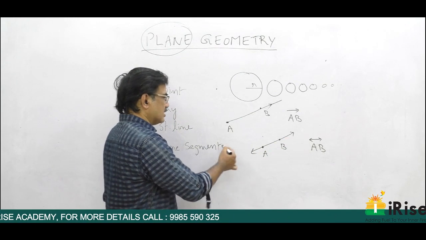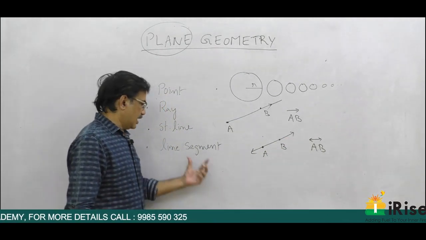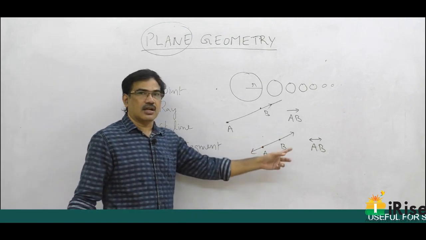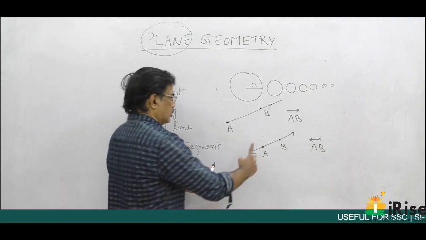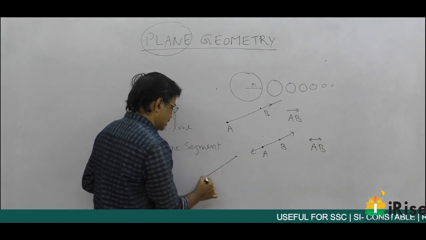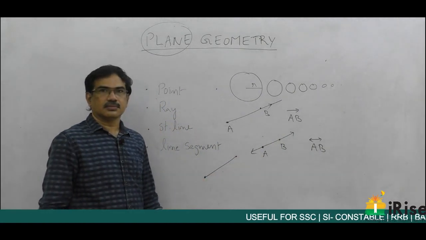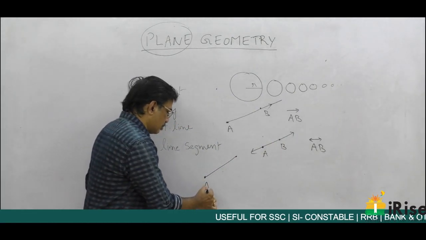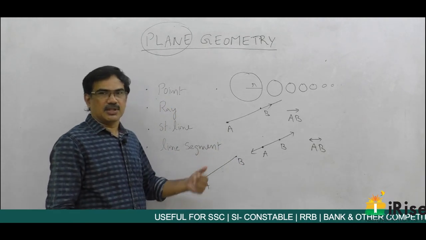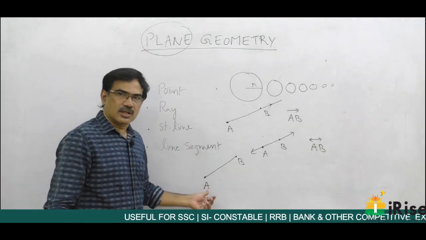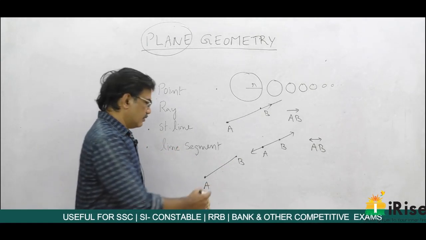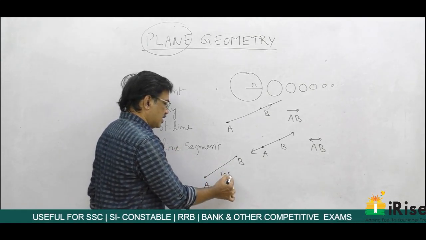Next, what is a line segment? The part of a line is called a line segment. Take these 2 points, then if you draw a line between them, this is a line segment. It has an initial point as well as a terminal point. Both ends are there for a line segment. Starting point and ending point, and also some fixed length, for example, 10 centimeters.